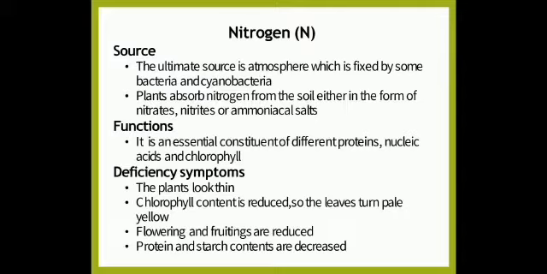Its deficiency in plants can be seen by a lesser amount of chlorophyll, so that the leaves turn pale yellow in color, the plants look very thin, flowering and fruiting are reduced, and protein and starch contents are decreased.